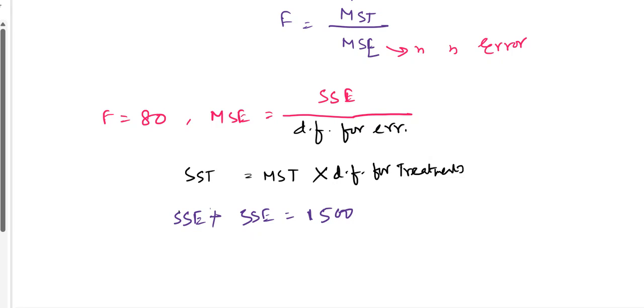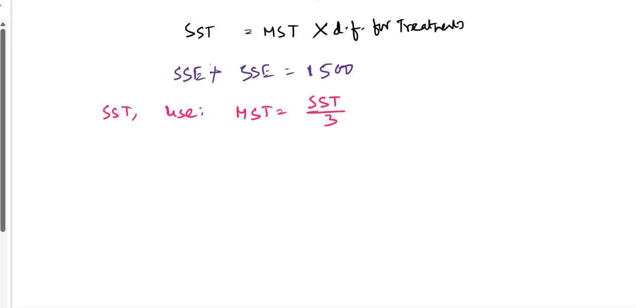Okay, so now we can calculate the SST. So we use MST, that is equals to SST by 3, and F equals to MST by MSE, that is equals to 80.